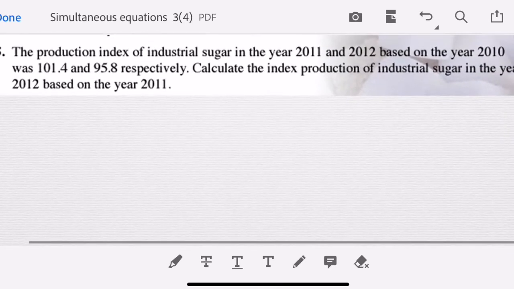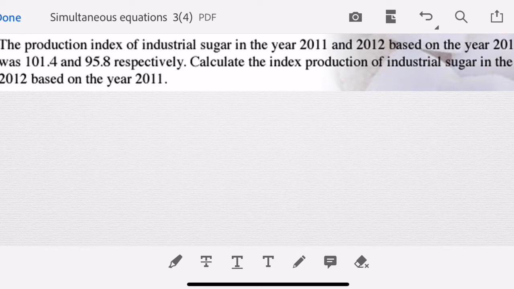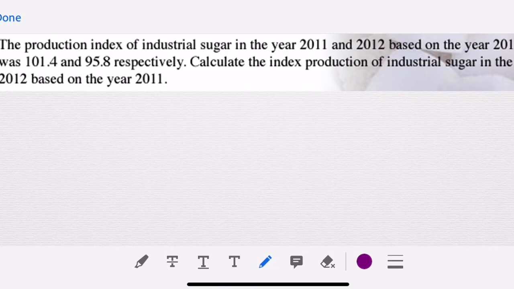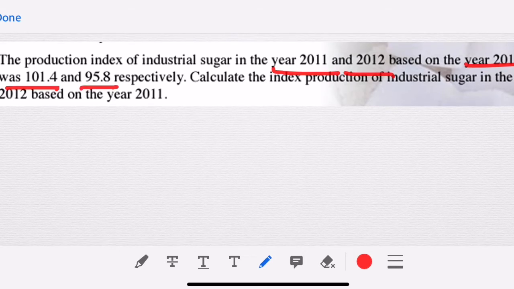So let's read the question first. The production index of industrial sugar in the years 2011 and 2012 based on the year 2010. I'm highlighting the years. So 2011 based on 2010 is this one.